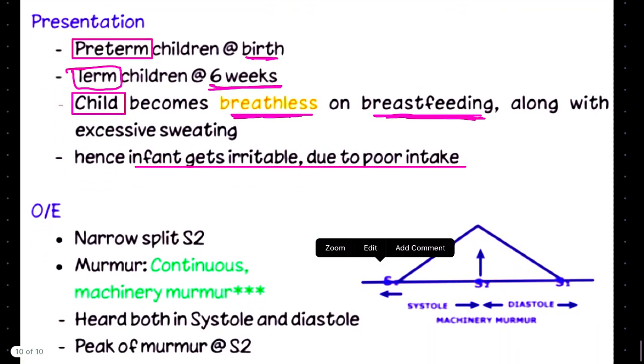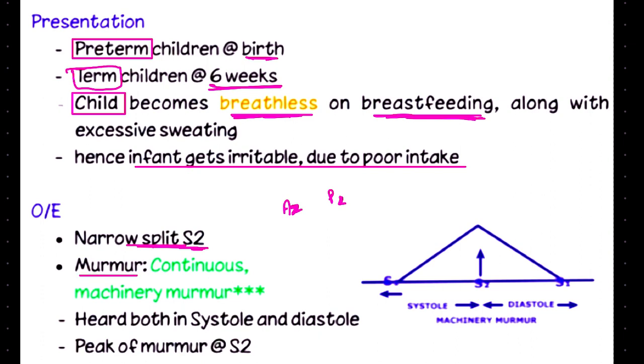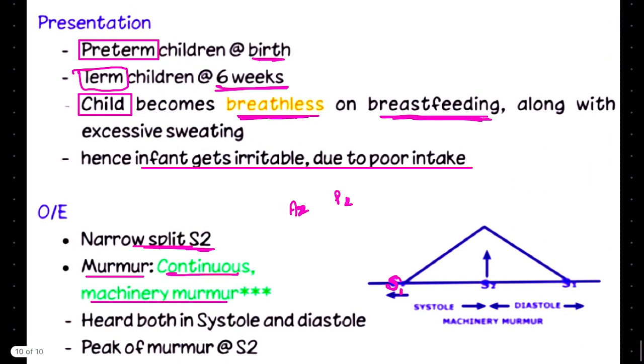Now what are the observations? Yes, a narrow split S2, because the closure of the aortic valve shifts toward the pulmonary valve. And the murmur here is called a continuous or machinery murmur. It is characterized by being heard in both systole and diastole.